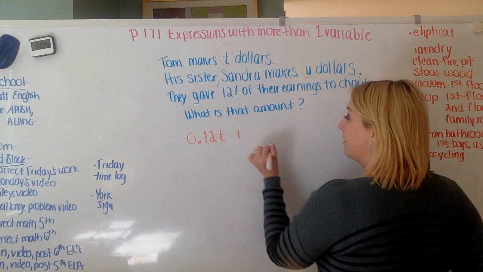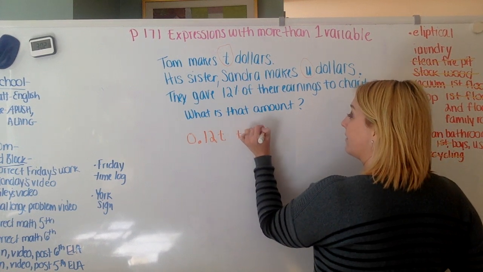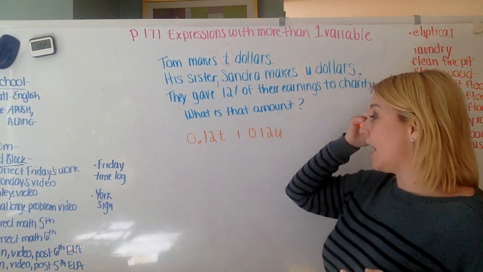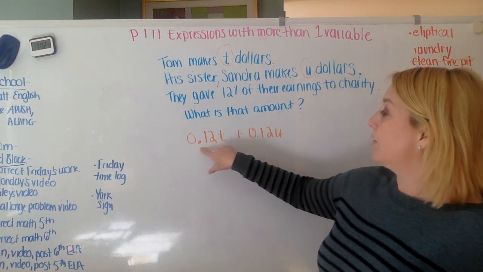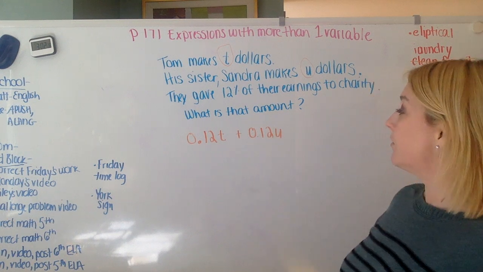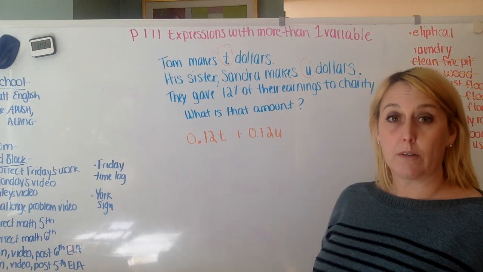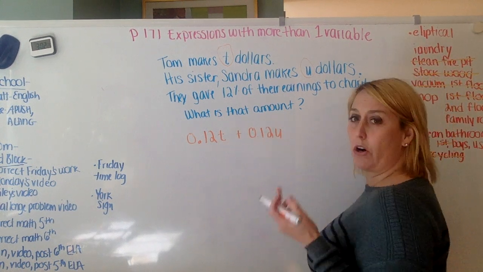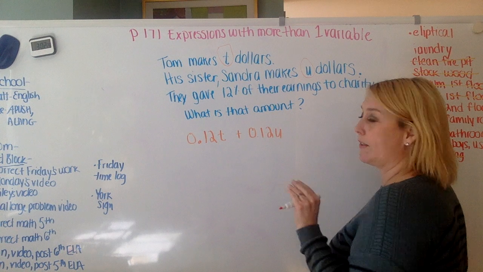So plus 12% of Sandra's earnings, which is U. So we could write this as 0.12 T plus 0.12 U, right? And we can't combine them because they aren't like terms. So we could leave it at that.